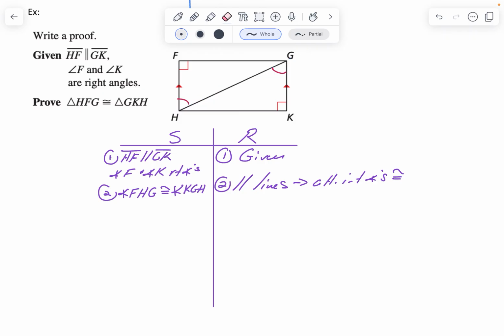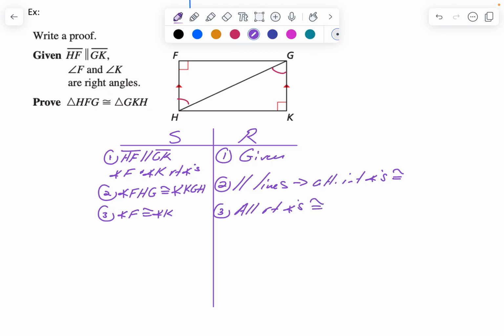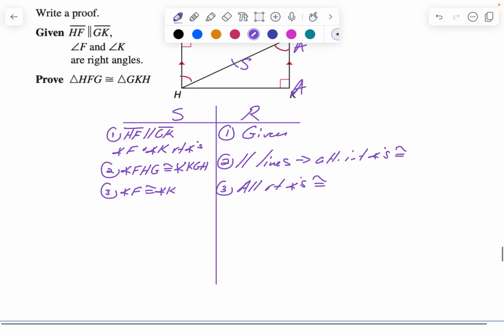Now we have 2 angles congruent, and do you see that we also, well, actually we don't have 2 angles congruent. So let's do it now. We're going to need to say angle F congruent to angle K because all right angles are congruent, okay? And remember, we have to say that. So now we have angle, angle, and see how this side is reflexive.